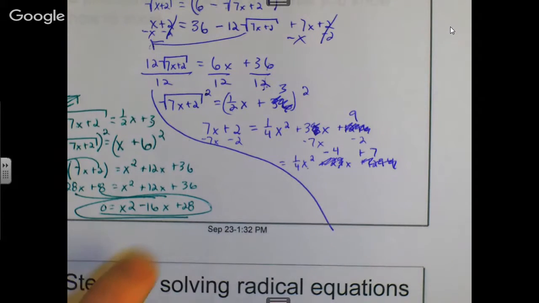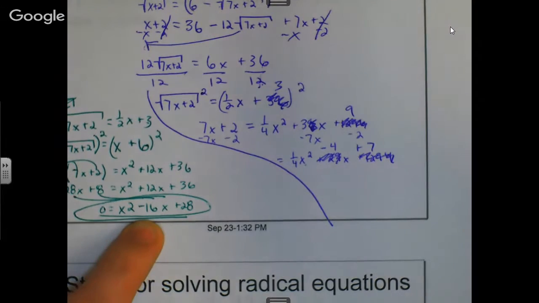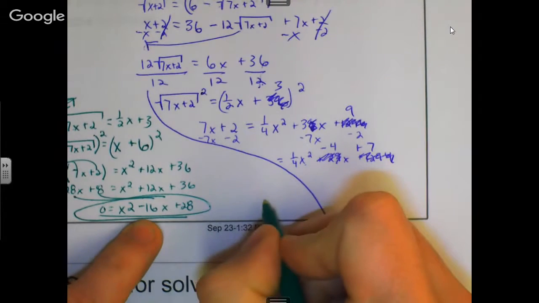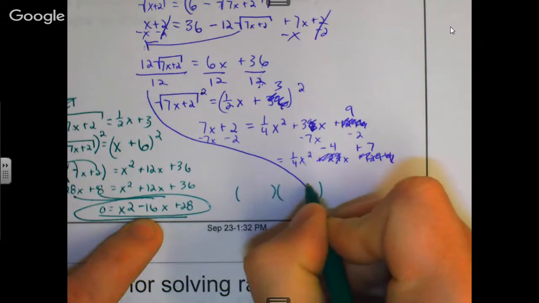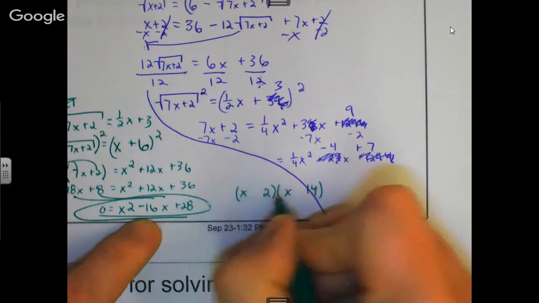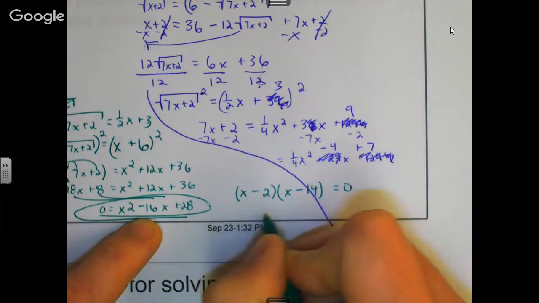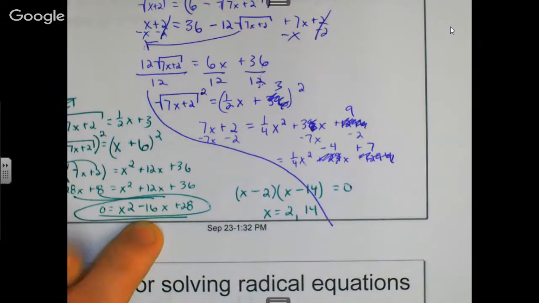It doesn't matter. Let's see, factors of 28 that add to 16. 14 and 2. So we'll say that 14 and 2, x signs are the same, they're both minus, 0. So x is 2 and 14. So then we check.